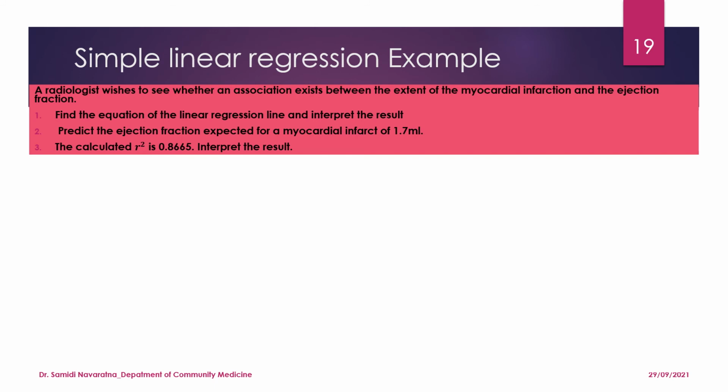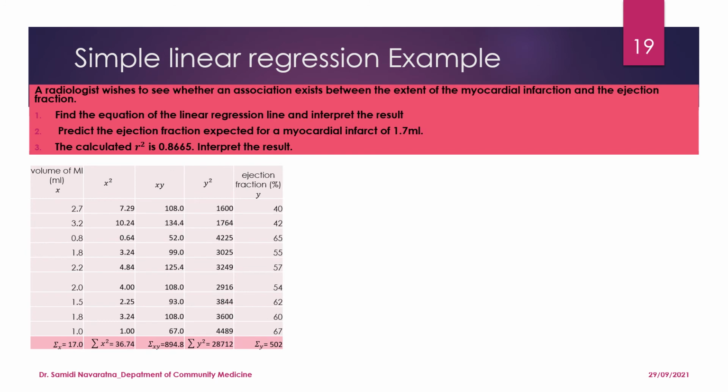So the first step is to look at the data and derive the necessary information. Since we derived everything in the first example, we'll put it here. So we have all the necessary information to calculate the beta naught and beta 1.